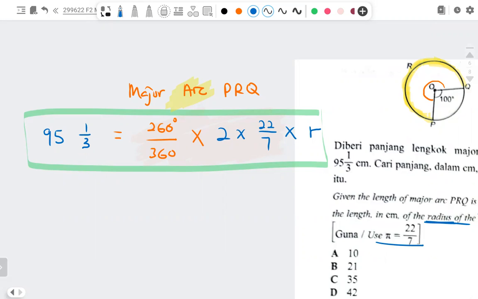Decimal also available, but if you look at the pattern of this equation, it will be good if you change it to mixed number. You know how to press or not? You press shift and then S to D, then it will change to mixed number. Or if you want to write it down in improper fraction also can. But don't write the answer in decimal.